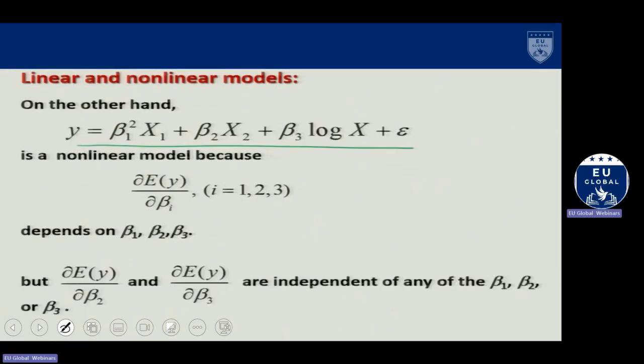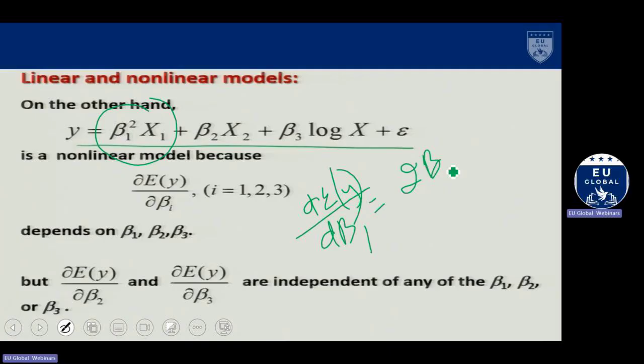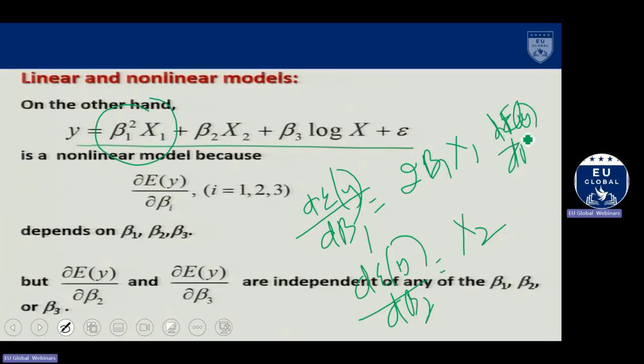Whereas in this other equation, it is beta 1 x1 squared. If we do dE(y)/d(beta 1), this value is going to be 2 beta 1 x1. If we do dE(y)/d(beta 2), this will be x2. And if we do dE(y)/d(beta 3), this will be log x3, right?